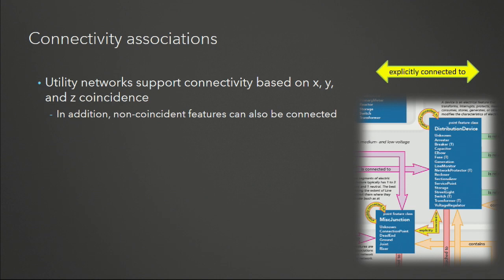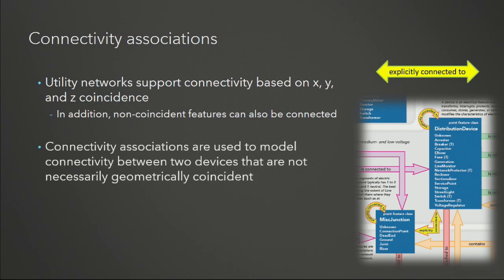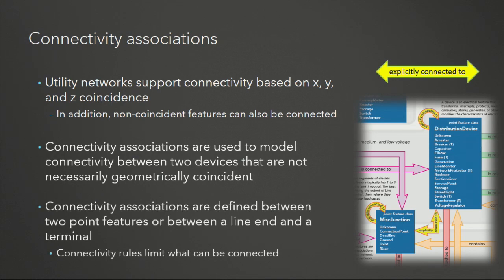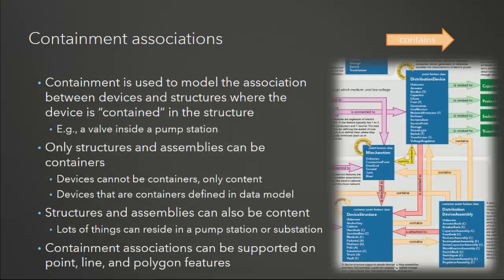These connectivity indexes become part of the network index, so you can traverse through them. It's not like a relationship class. It actually is indexed within the network itself.